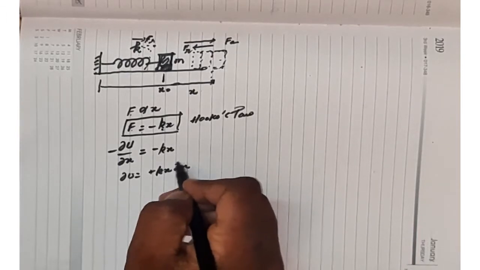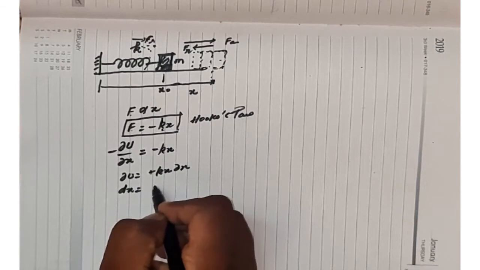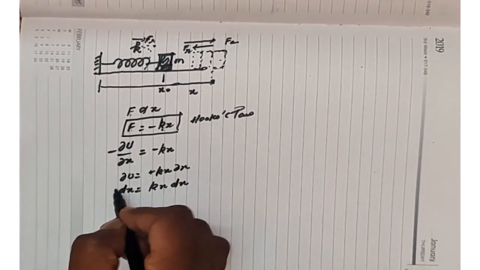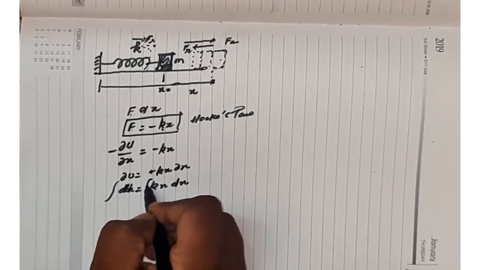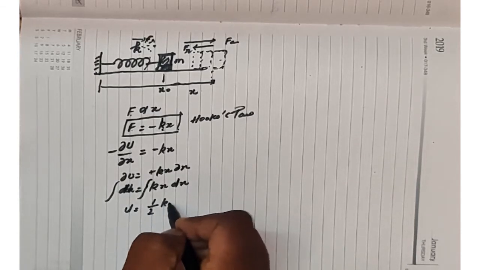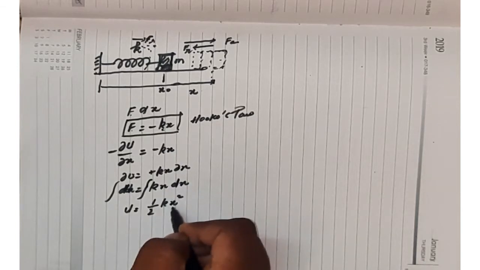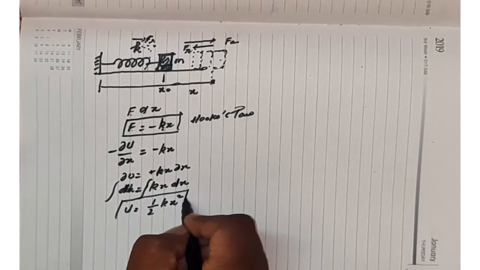Here there is only one variable x, so instead of the partial derivative you can use the total derivative. Taking the integration on both sides, it gives the potential energy equal to k x square by 2. This is the potential energy for the simple harmonic oscillator.